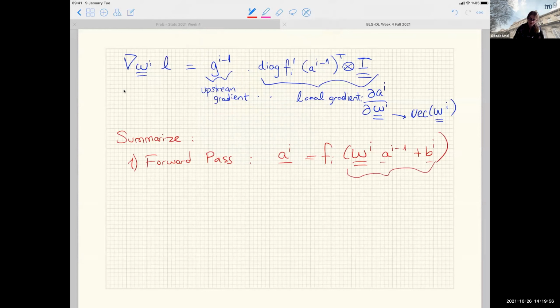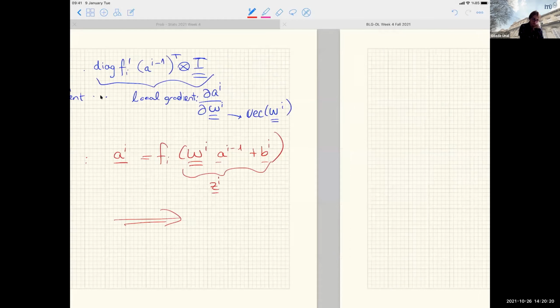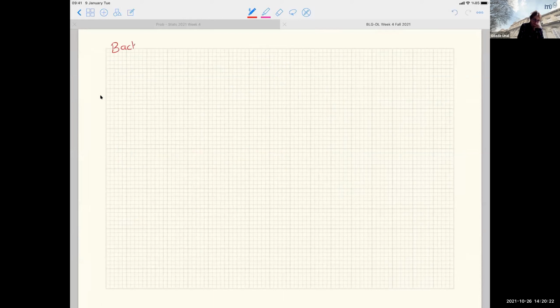And remember, this was really my z_i. Now the backprop algorithm. I started it on a new page. Backpropagation algorithm. This is the whole summary.